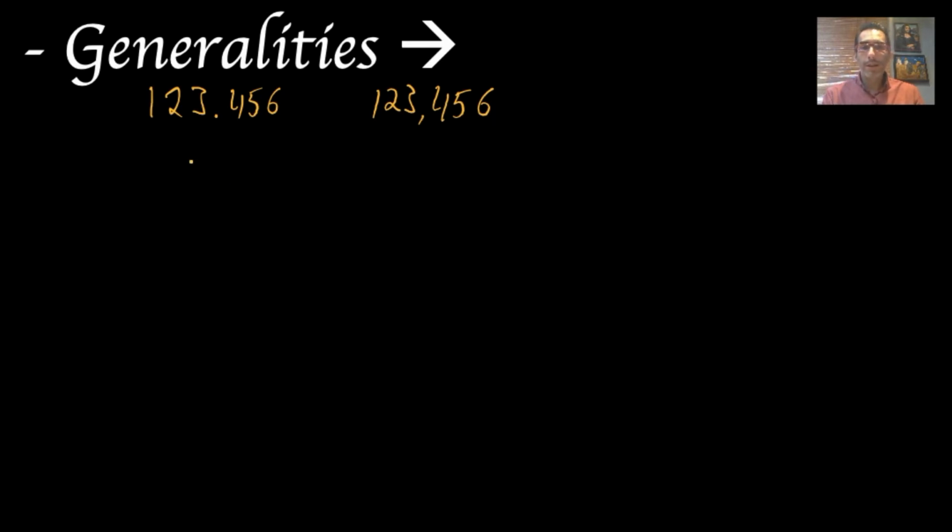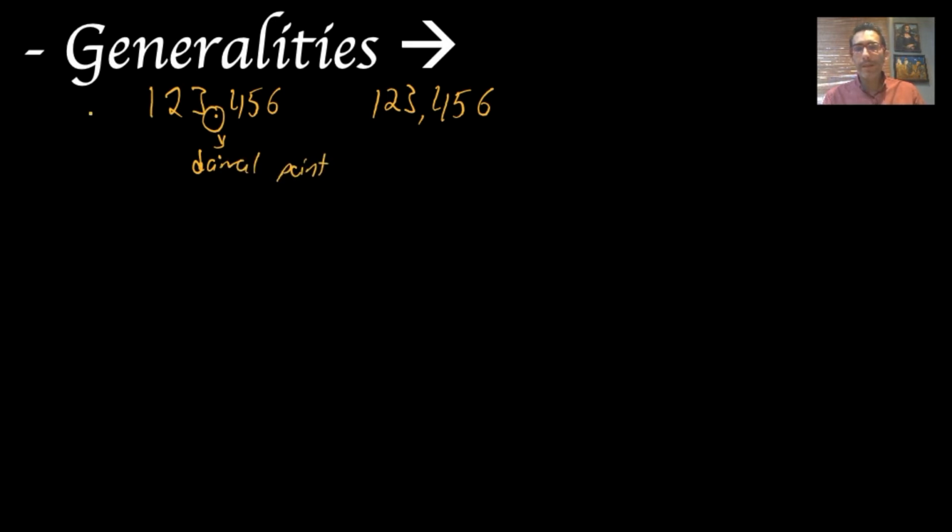In some countries, they express decimals with periods. In other countries, they express decimals with commas. But for these exams, which are all based on English and American English math, I need you to remember that this one is the decimal point, okay?